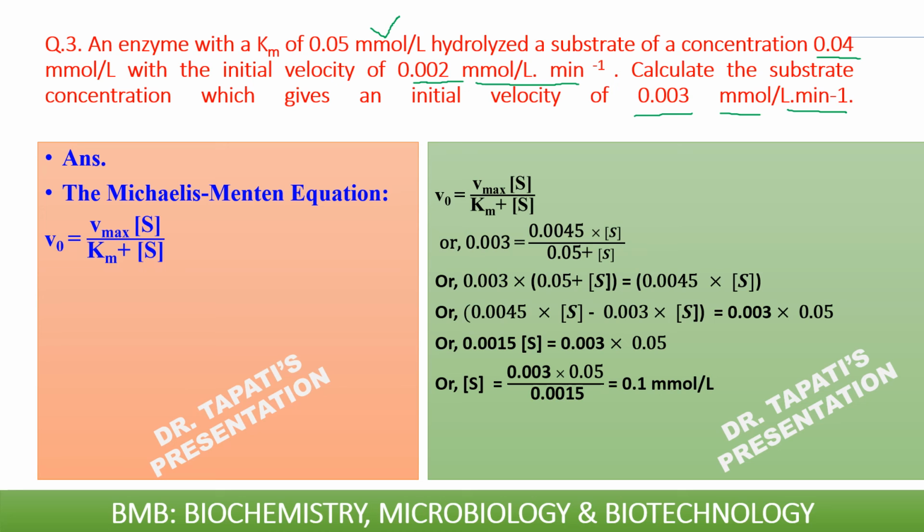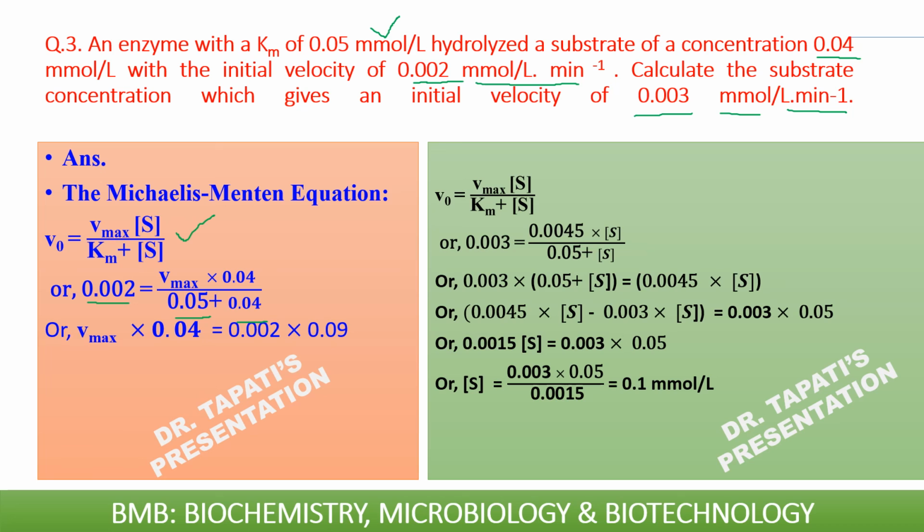First of all, we are writing the Michaelis-Menten equation: V0 is equal to Vmax into S divided by Km plus S. We are putting the V0 value as 0.002, equal to Vmax, which is unknown, into 0.04, the substrate concentration, divided by 0.05, the value for Km, plus substrate concentration 0.04.